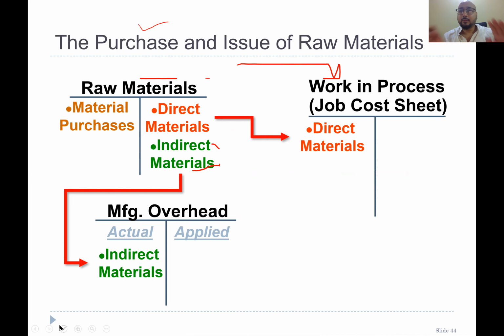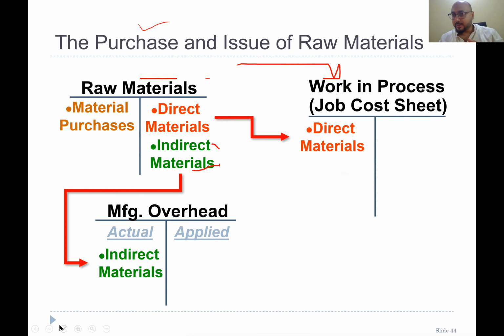So when raw material inventory is going from the raw material account to work in progress, it means raw material decreases, and on the other hand work in progress inventory increases, right?